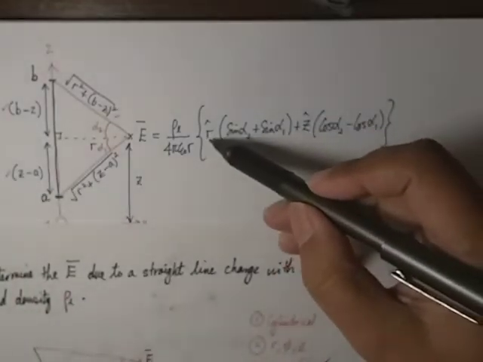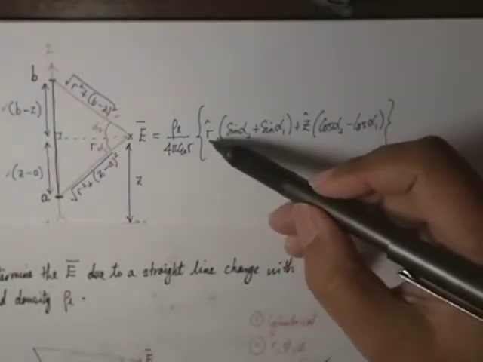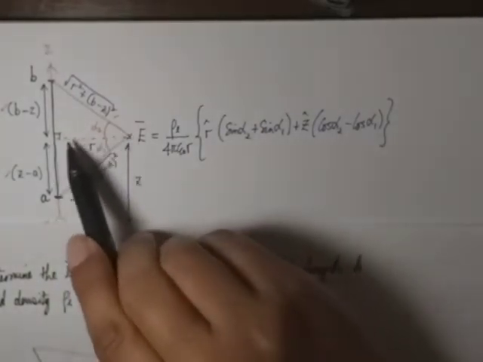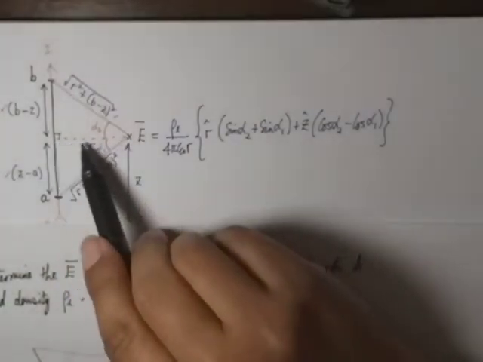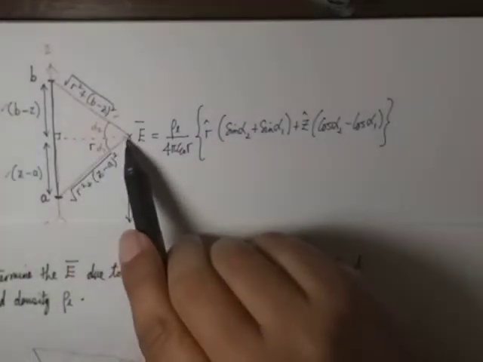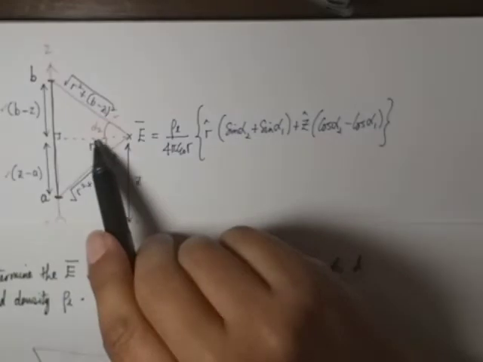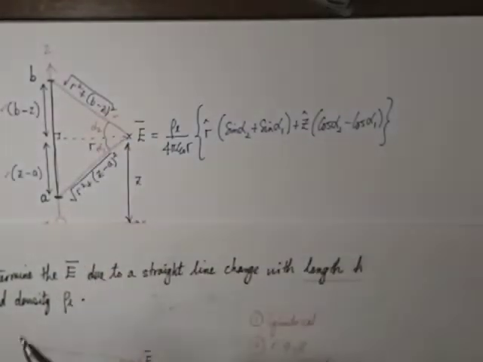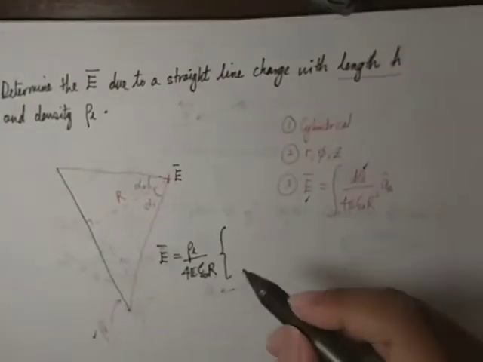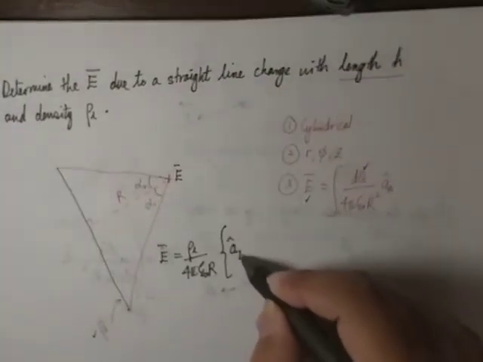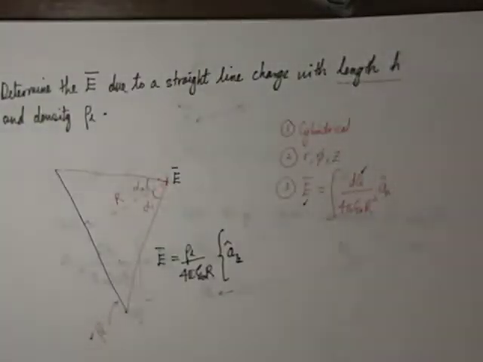R, as you can see, based on cylindrical coordinates, indicates that R is along this direction. So this unit vector makes what angle to my line charge? 90 degrees. So I'm going to call this the perpendicular component. Instead of R here, I'm going to use the unit vector which is perpendicular to the line charge. That should be my next substitution.